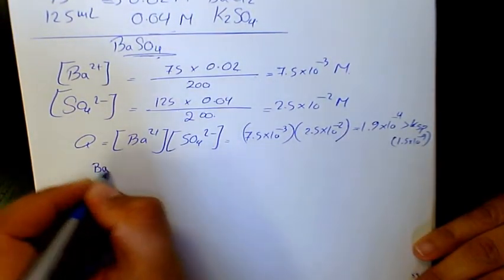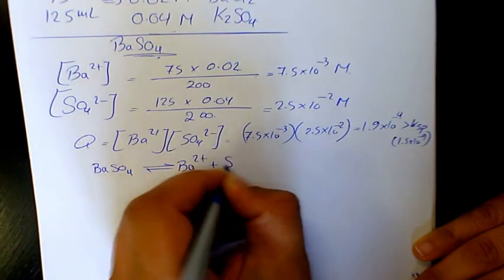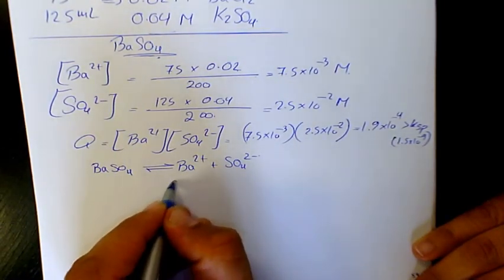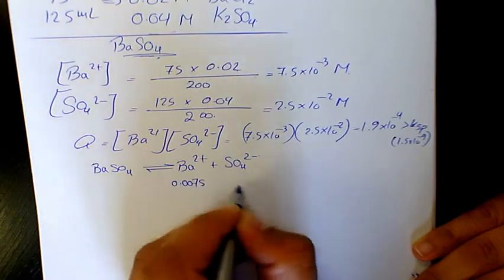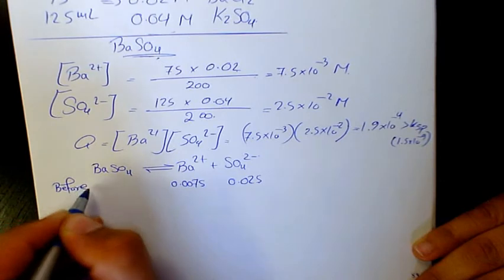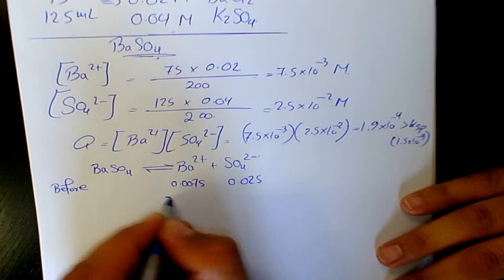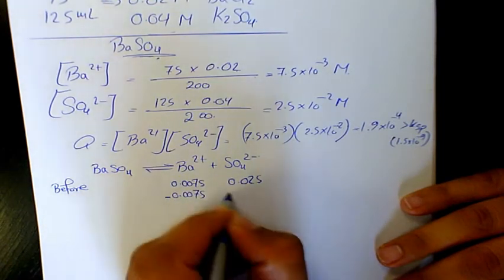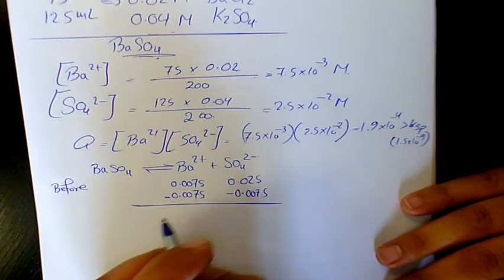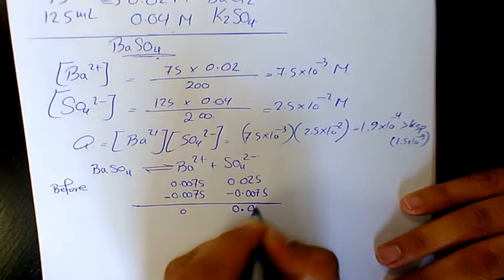So BaSO4 gives Ba2 plus and SO4 2 minus. Here we have 0.0075. Here we have 0.025. That's before. When it reacts completely and goes to completion, we have negative 0.0075, negative 0.0075. So we're going to end up having 0 here, and here we're going to have 0.0175.